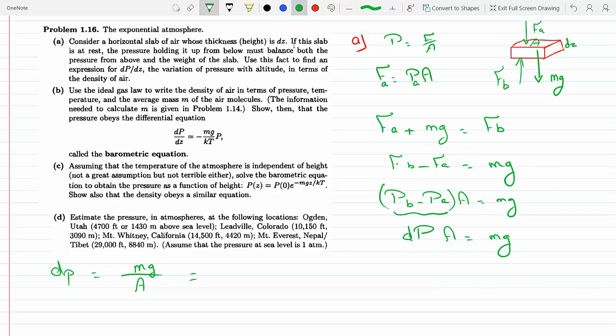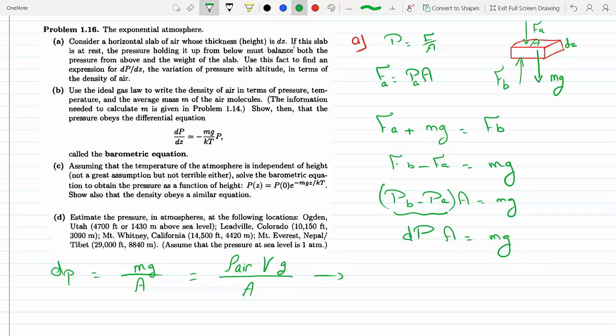Now we know that the mass is density times volume, so this will be rho, the density of air, times the volume of that slab, times gravity, over the area. And we know that volume divided by area is nothing but the thickness, which is dz.